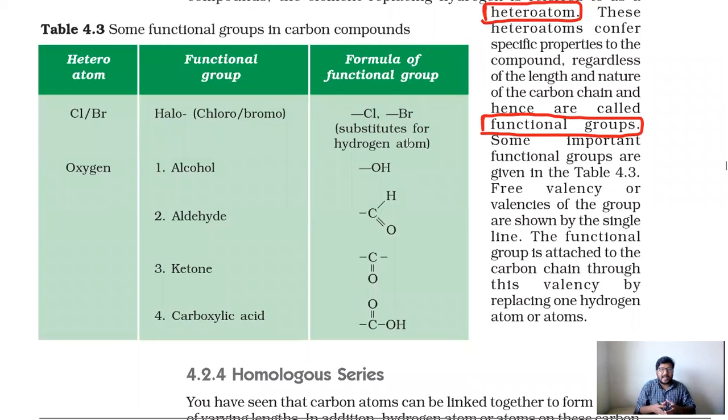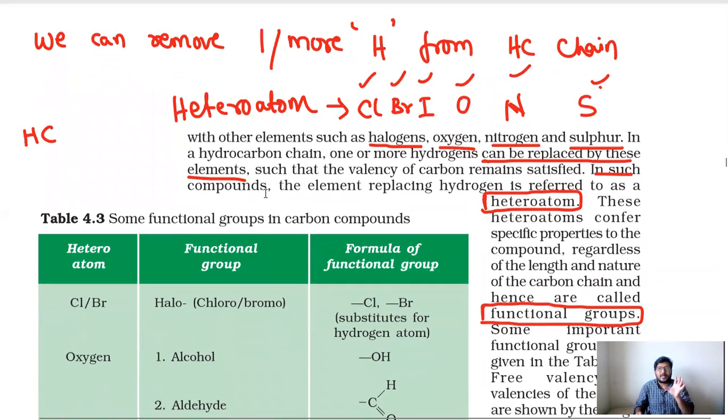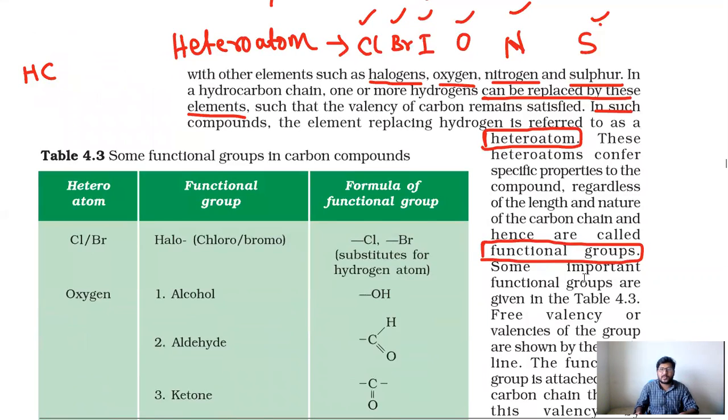After adding, for the total hydrocarbon chain, there will be a change in its property, right? Why is it changing its property? Because of the addition of functional groups. We say these are heteroatoms, right? If heteroatoms are added, the property will change. That is nothing but functional groups.